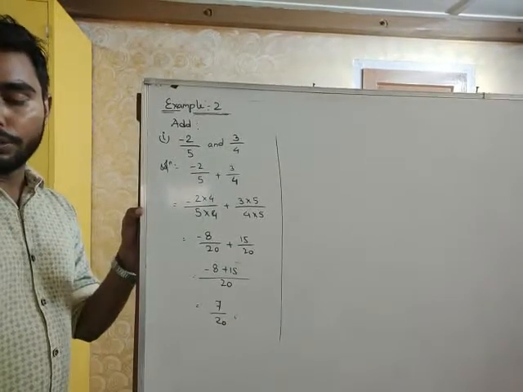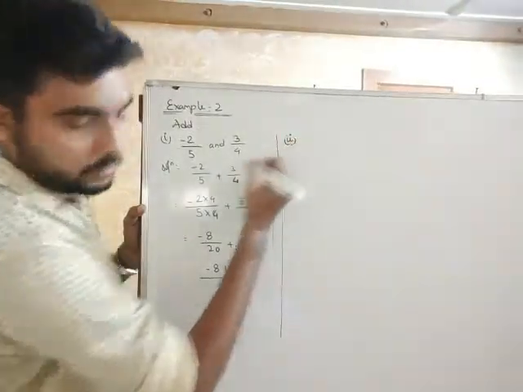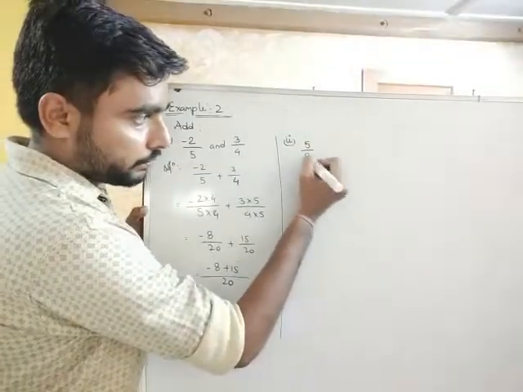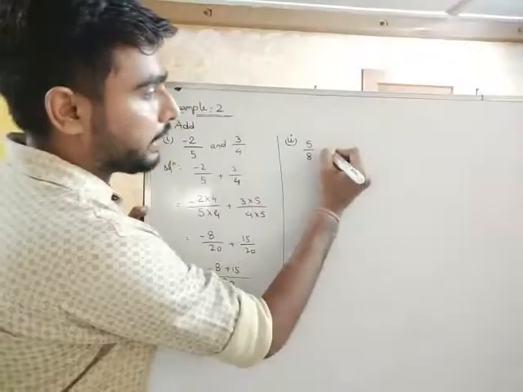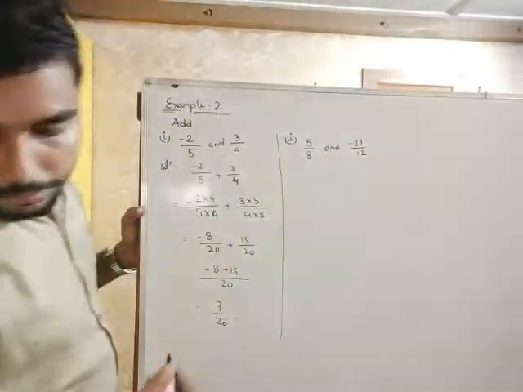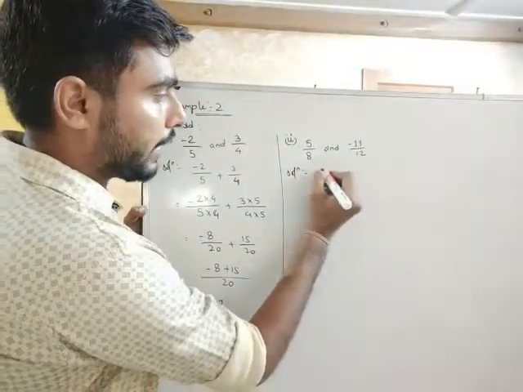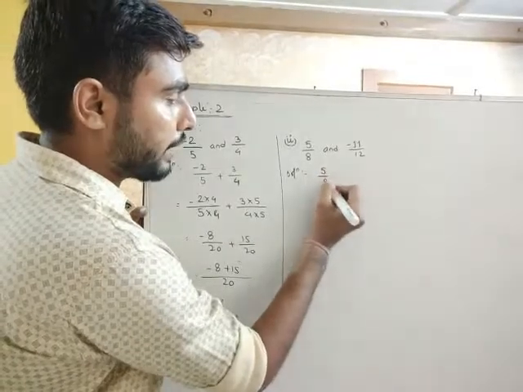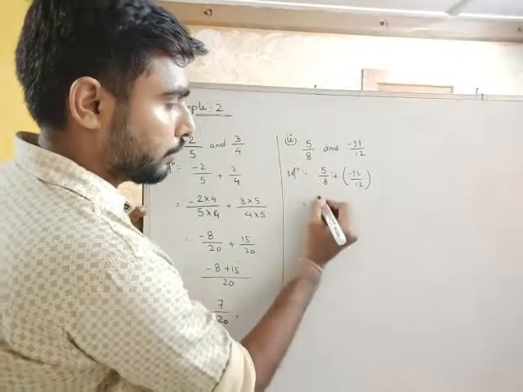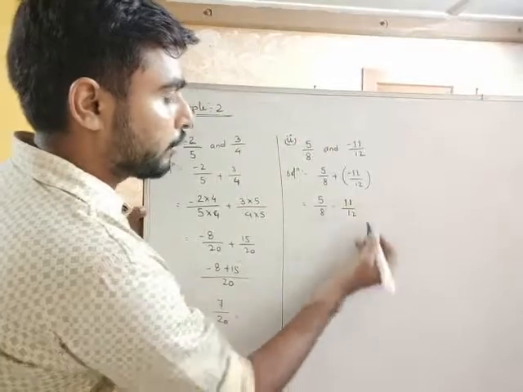Page number 64, example number 2, question number 2 we will do now. 5 by 8 and minus 11 by 12. So now we have to add them, so it will be 5 by 8 plus minus 11 by 12. So the bracket shall open and it will be plus minus minus 11 by 12.